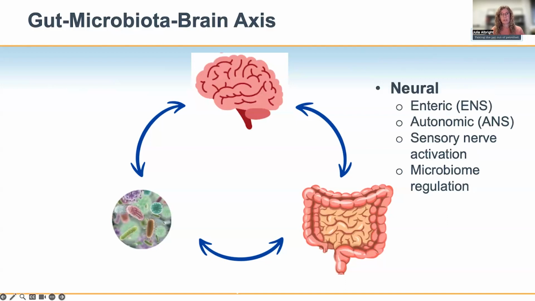The neural system is another critical pathway through which that can happen. The second largest group of neurons in the body, or the most outside of the central nervous system, is the enteric nervous system, so it's often called the second brain. It's so complex, and in many ways it can act on its own.